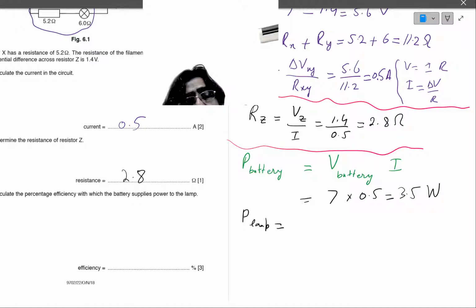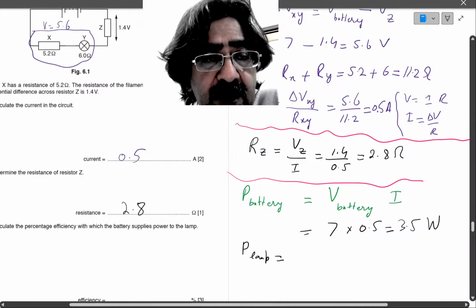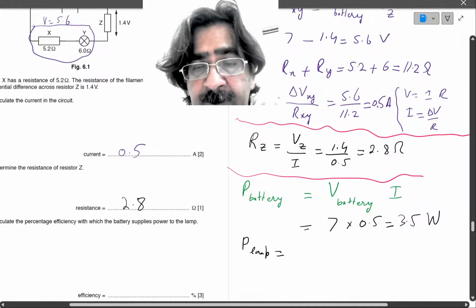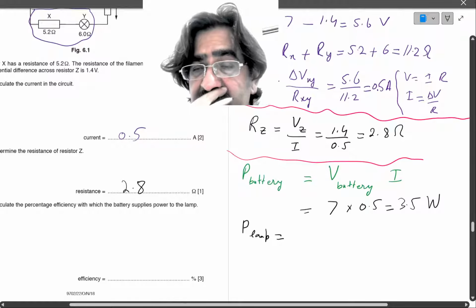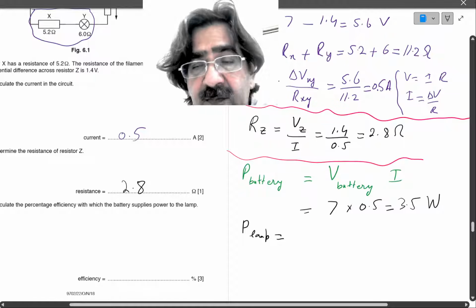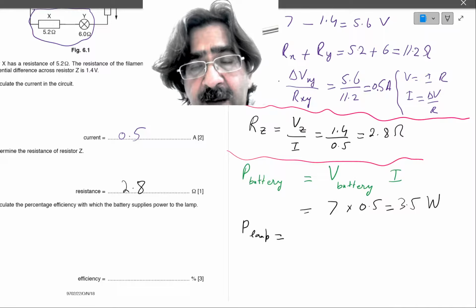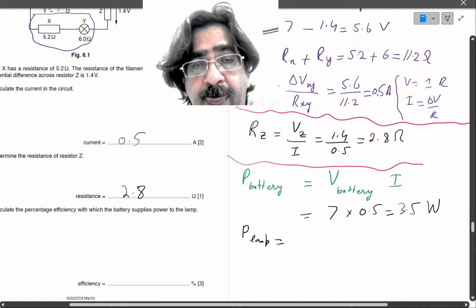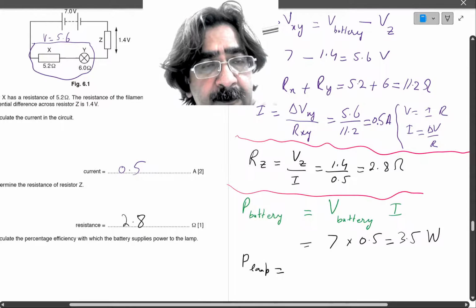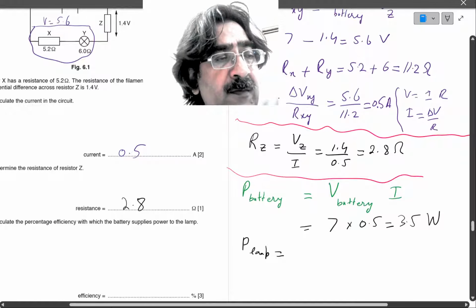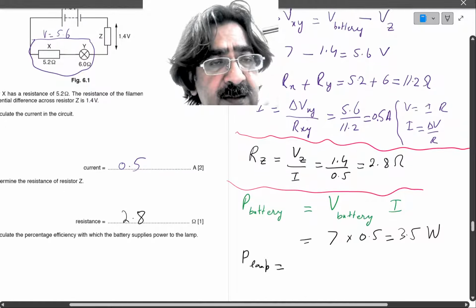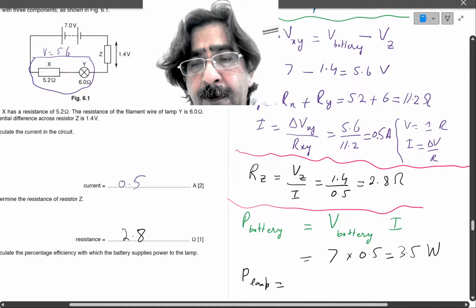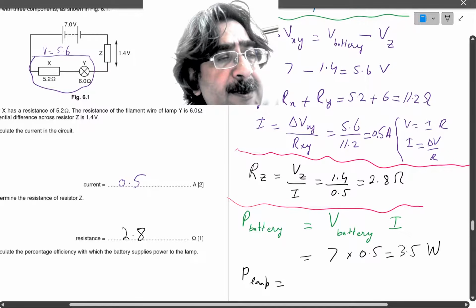Lamp power will be I square R, which we may find with the help of the I square R formula. The resistance of the lamp is 2.8.